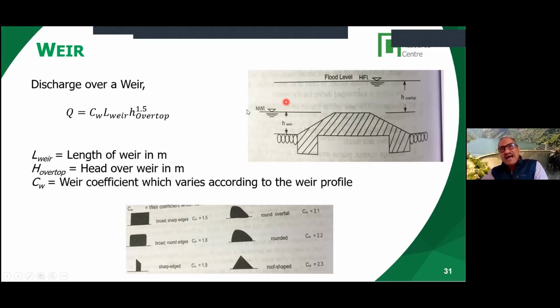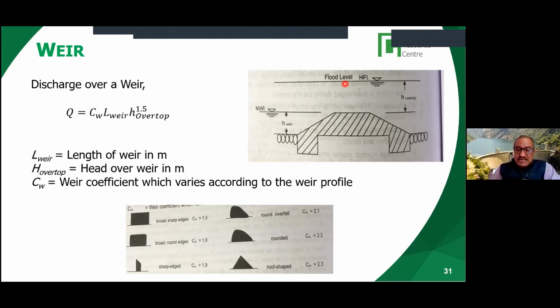Suppose you have to pass 10 cubic meter per second of discharge through this weir. You want to know what the high flood level would be for 10 cubic meter per second.